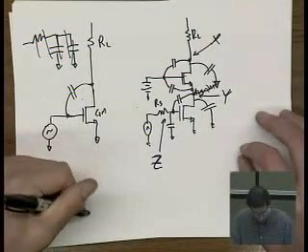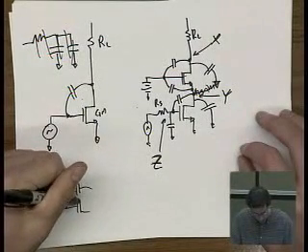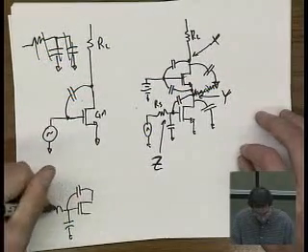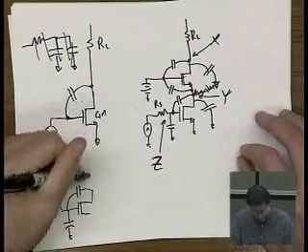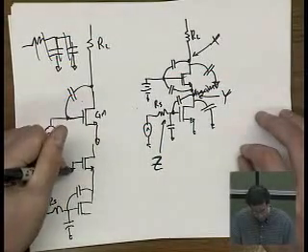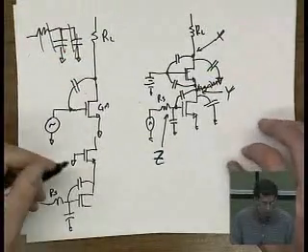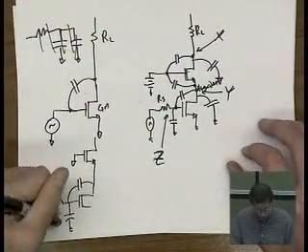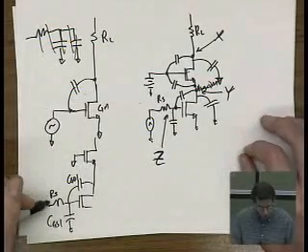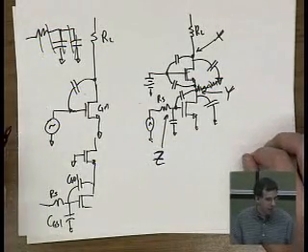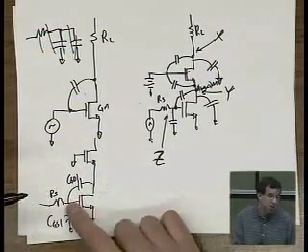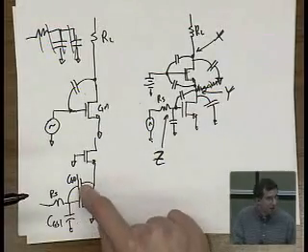So let me just redraw this. At node Z, we've got this guy to here, this guy to here, RS, and then this here. Okay. So this is CGS1, CGD1. We still know that there is going to be a Miller effect here, because there's some gain, so this is going to be amplified by some amount.